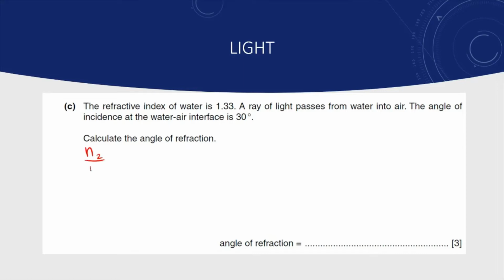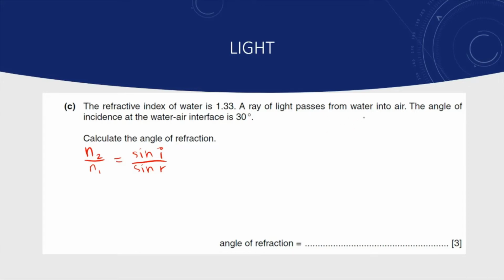N2 over N1 equals sine i over sine r. I is the angle of incidence, R is the angle of refraction, N2 is the refractive index of the second medium, N1 is the refractive index of the first medium.